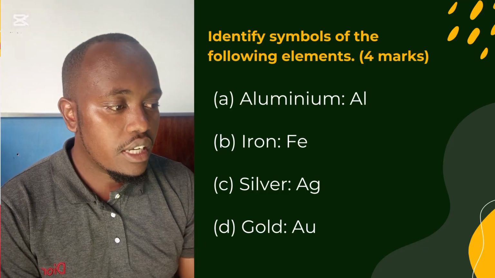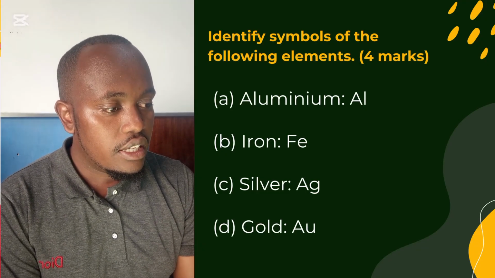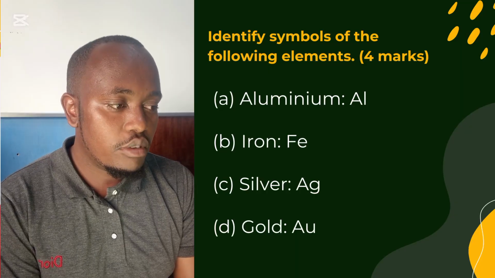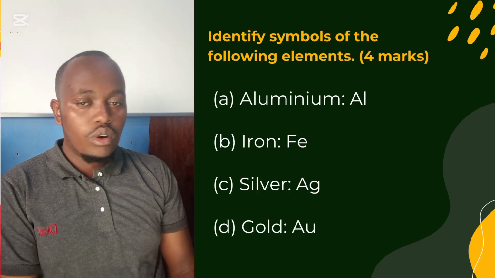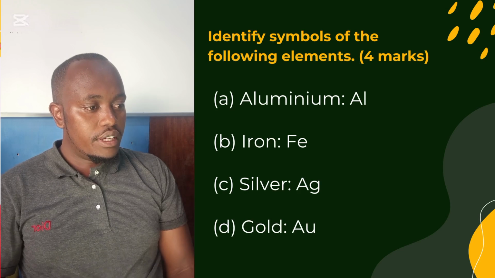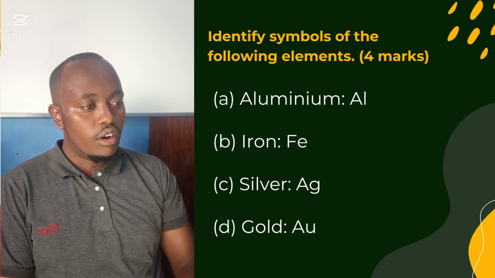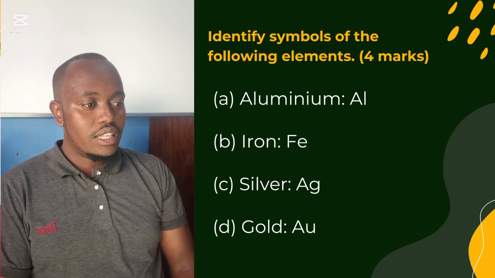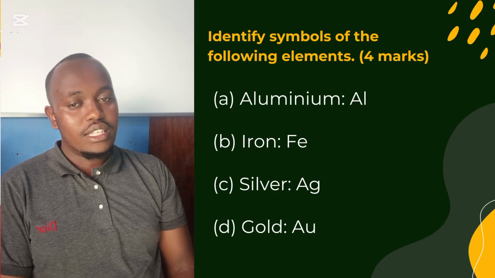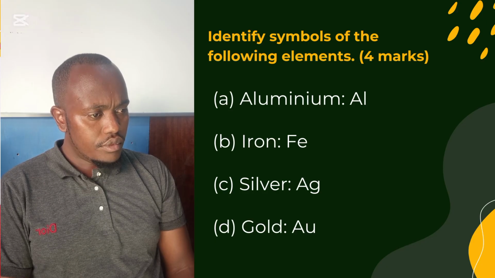Iron, the symbol is capital F, small e. C, silver, the symbol is Ag. Gold, Au. When you have an element with two symbols like all of this, you start with a capital, and the second one is a small letter.